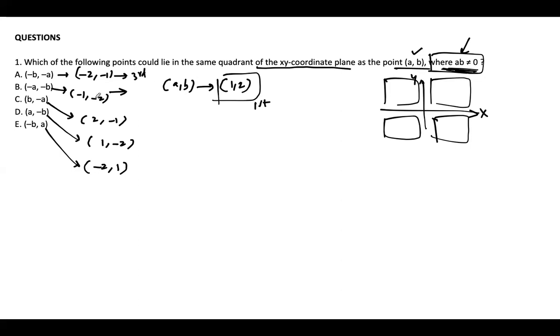Same, third. Which of the following points could lie in the same quadrant as the point A, B, where AB is not equal to 0? So are any of these points lying in the same quadrant? Yes. Which point? This lies in, let's say, third.